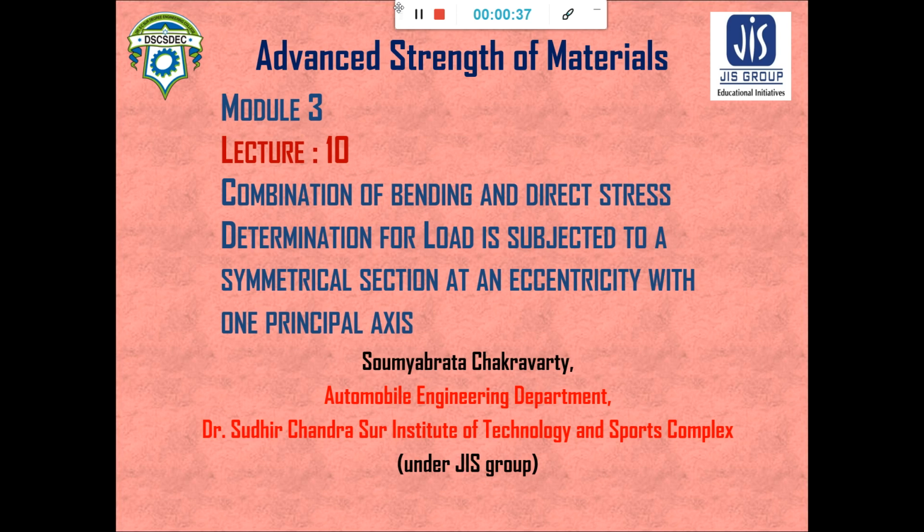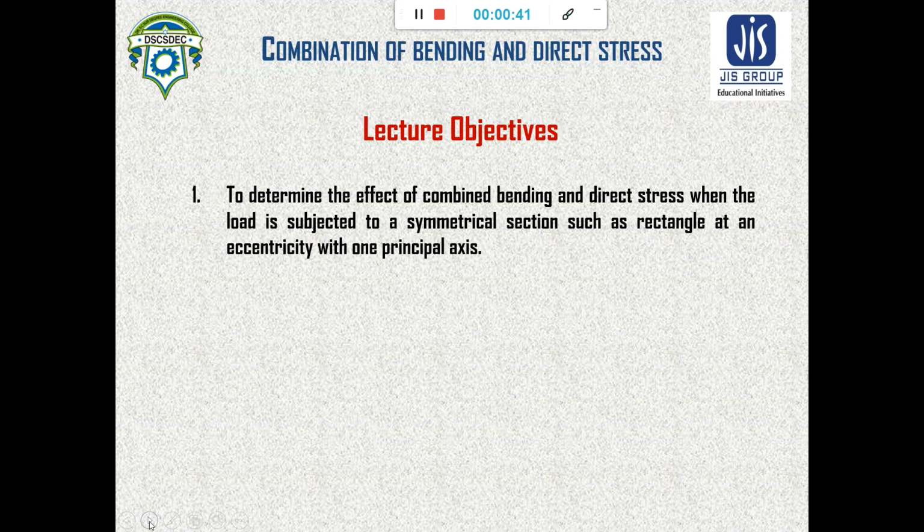Our lecture objective is to determine the effect of combined bending and direct stresses when the load is applied to a symmetrical section such as a rectangle at an eccentricity with only one principal axis.